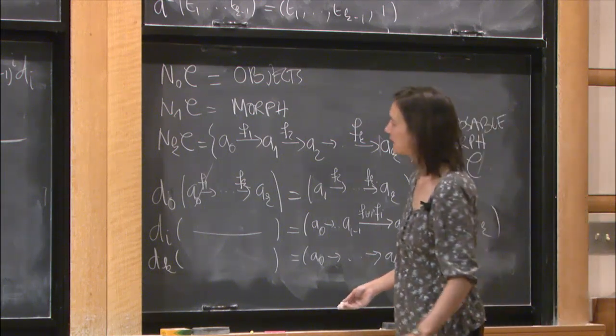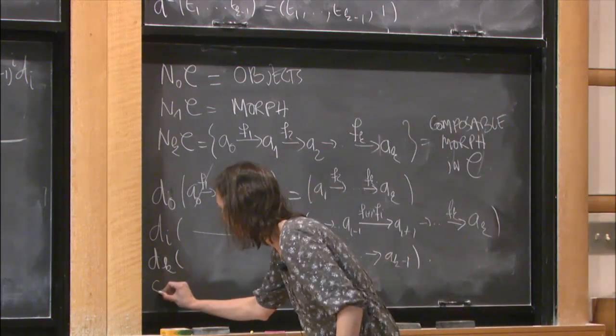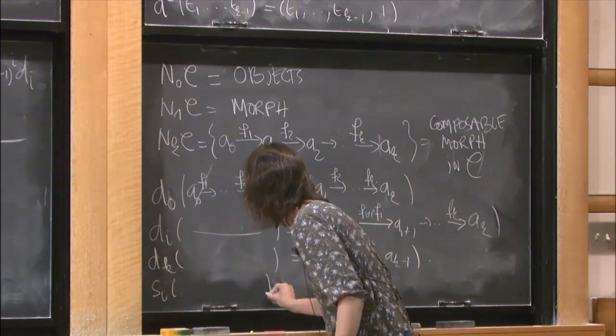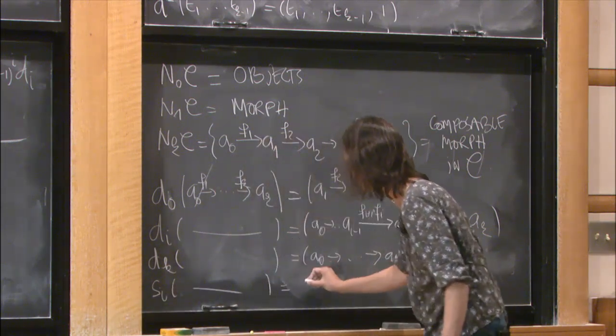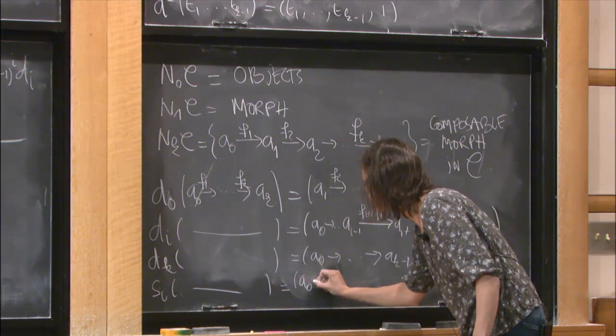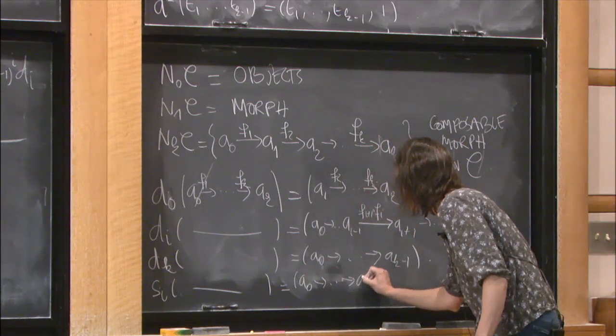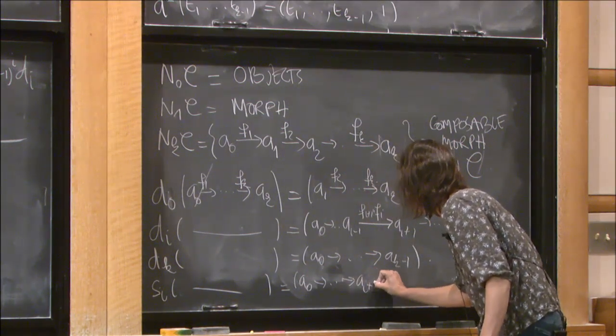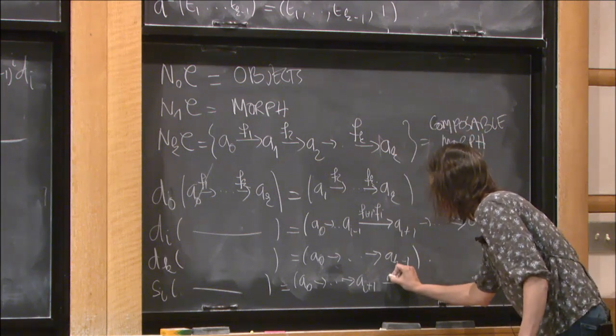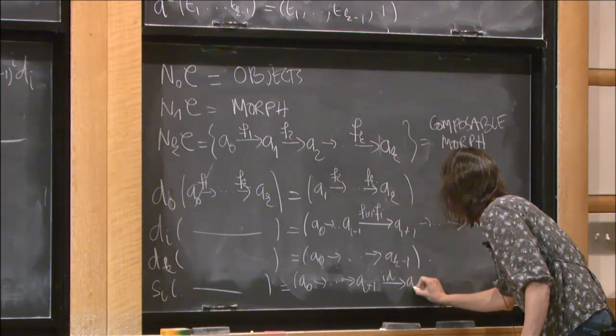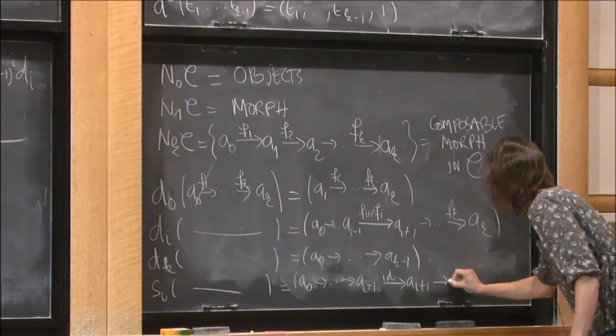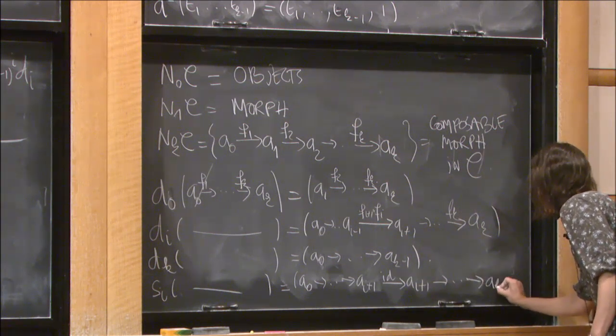I'm just lacking the s_i's. s_i is easier: it introduces an identity. So it goes A0, and then somewhere I arrive at A_i, and then I insert the identity on A_i, so I repeat A_i, and then continue to Ak.